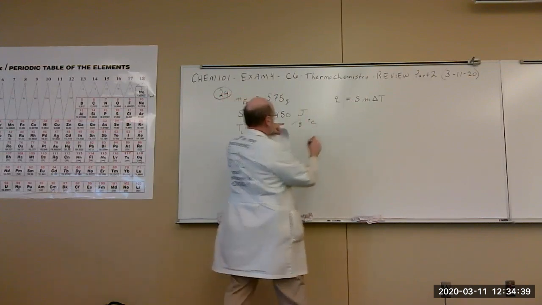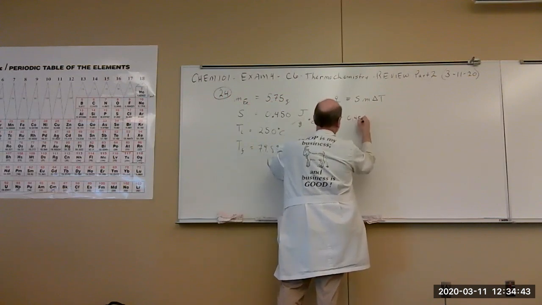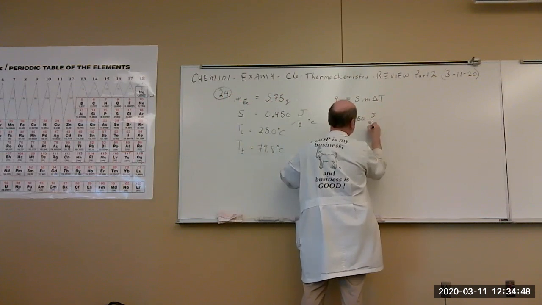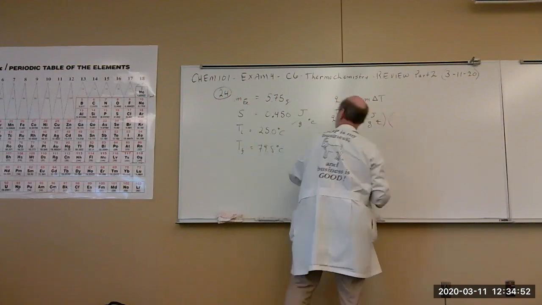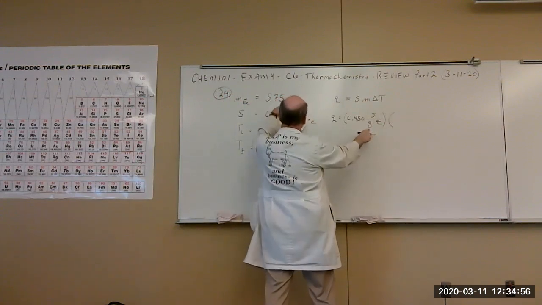S then would be 0.450, and I'm going to put all the units up this time just to show that they cancel. Mass is in grams already, so we're good there.